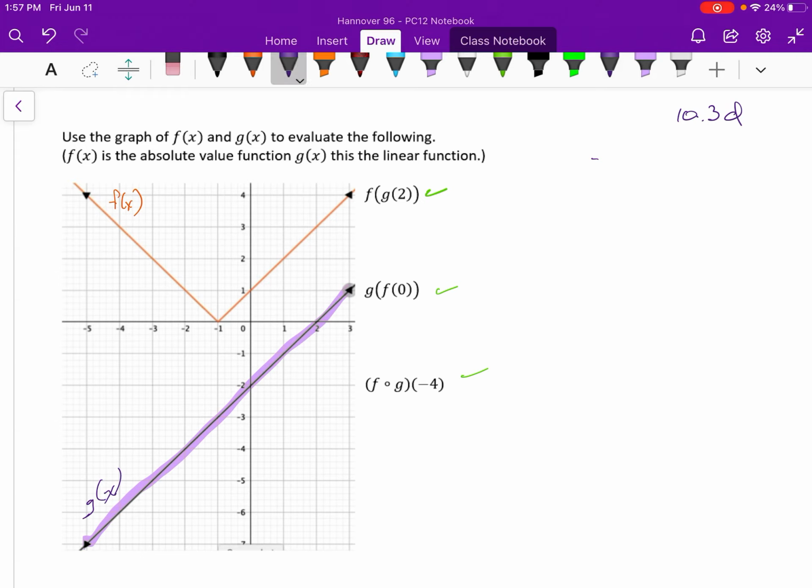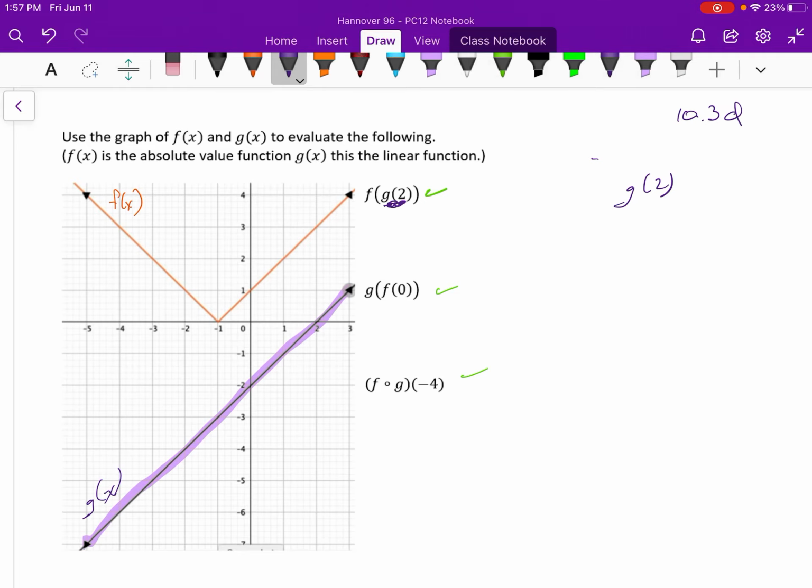We're going to calculate f of g of x. Now, remember, when my input is 2, what is g of 2, I ask myself? The absolute value function is f of x. The purple function is g of x.